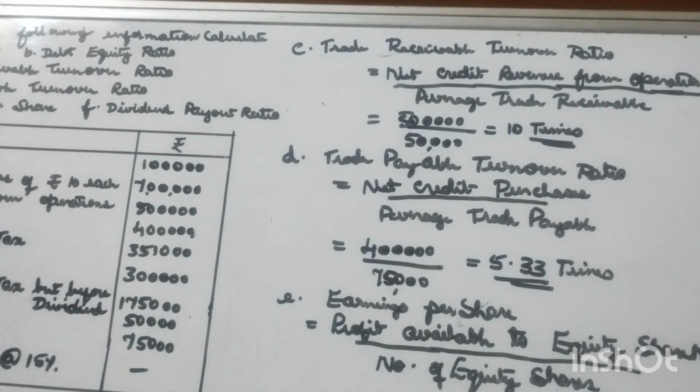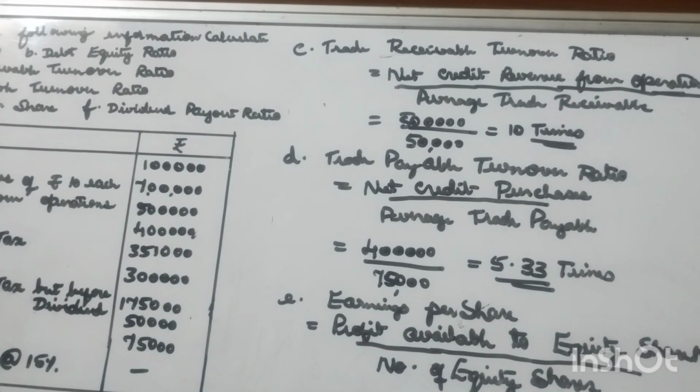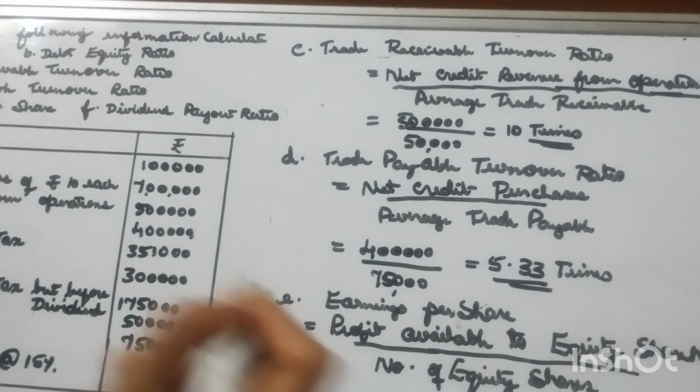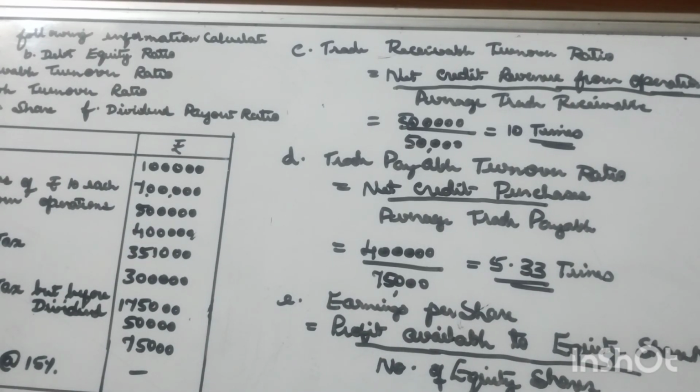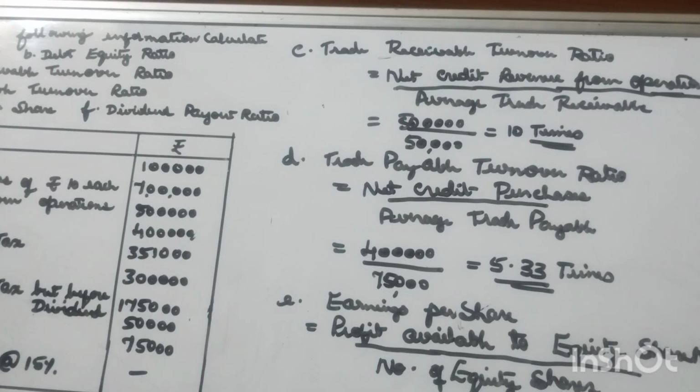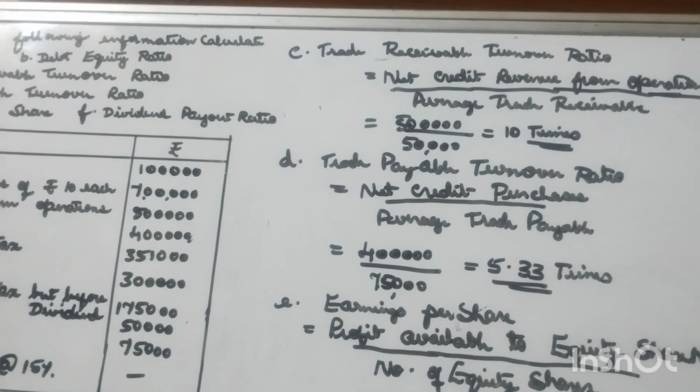The profit available to equity shareholders is given as 1,75,000 divided by number of equity shares, given as 70,000. So that is 2.5.